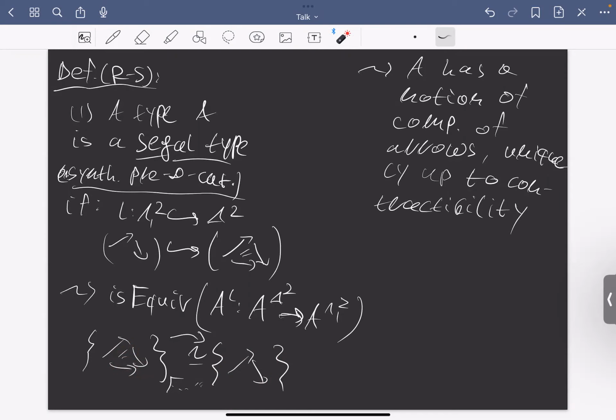This statement is exactly encoded by saying that this map is a weak equivalence. There are some ways to make this more precise, but intuitively, I hope it conveys the idea.